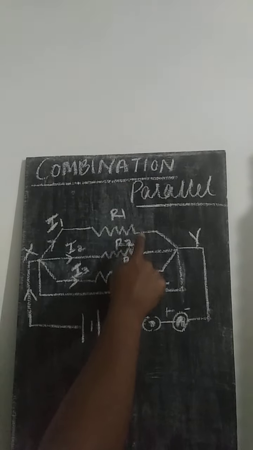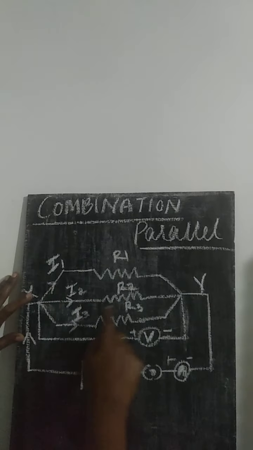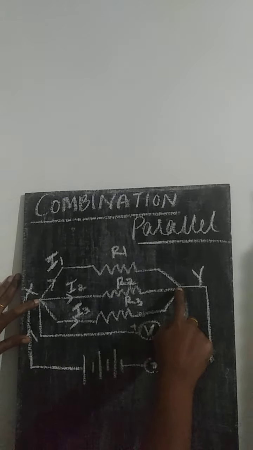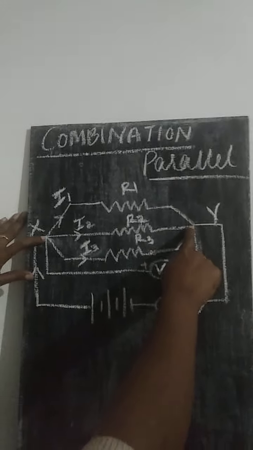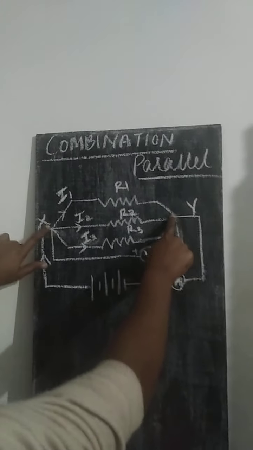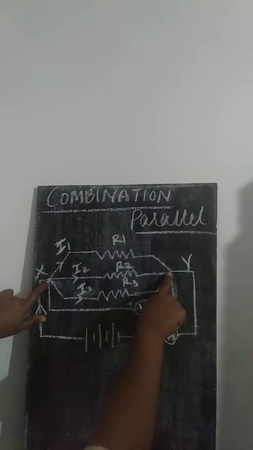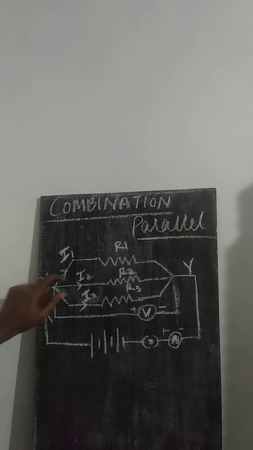Here R1 is the first resistance, R2 the second resistance and R3 the third resistance. These three are not connected end to end, but they are connected across two common points X and Y, a common junction for all the resistances R1, R2 and R3. So this mode of connection is called a parallel mode of connection.